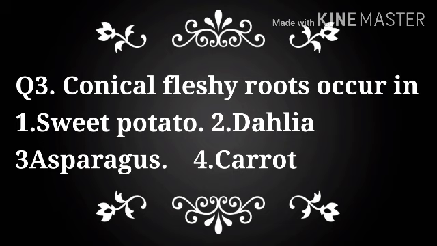Question number 3. Conical fleshy roots occur in option number 1 sweet potato, number 2 dahlia, number 3 asparagus, and number 4 carrot. Here the answer is 4, that is carrot.